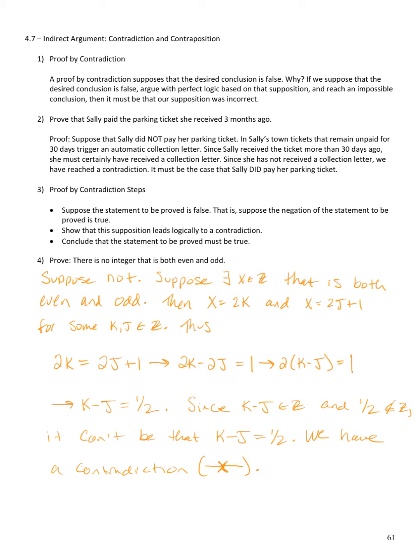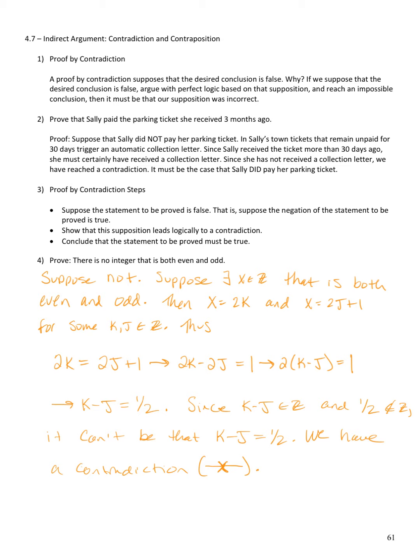So we have shown that m odd implies m squared is odd, and that is logically equivalent to m squared even implies m even. So let's just write that down. So the proof is done here.